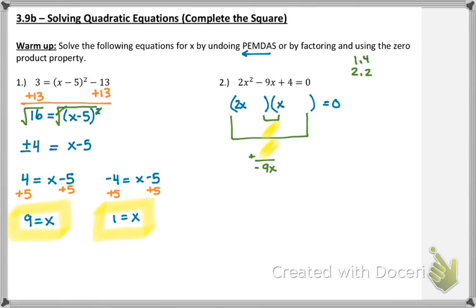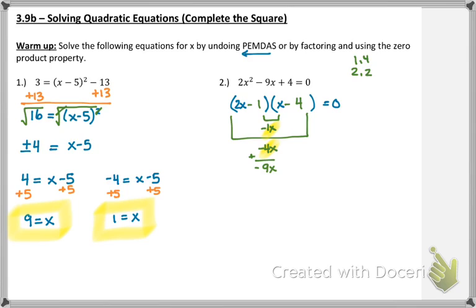I'm going to do 2 times 4 is going to give me 8. Plus 1 is going to give me 9, so I'm going to do 2x times negative 4, that's going to give me negative 4x, and negative 1 times x is negative 1x, and that would give me negative 9x.